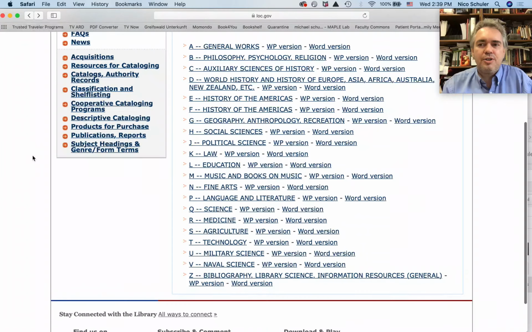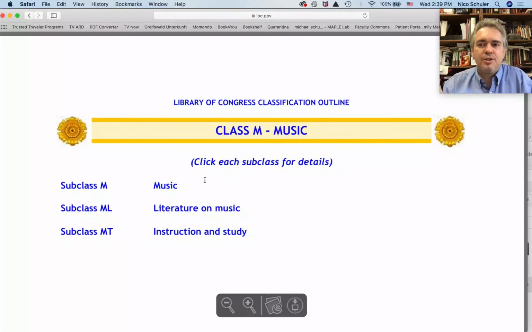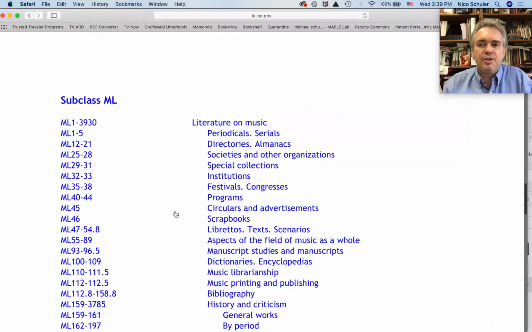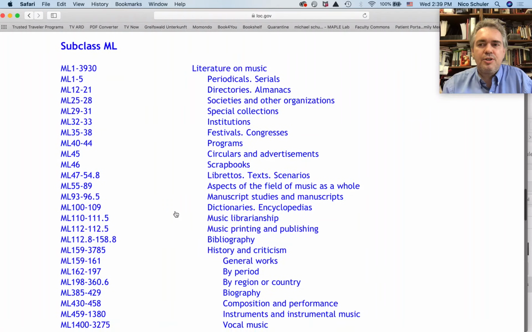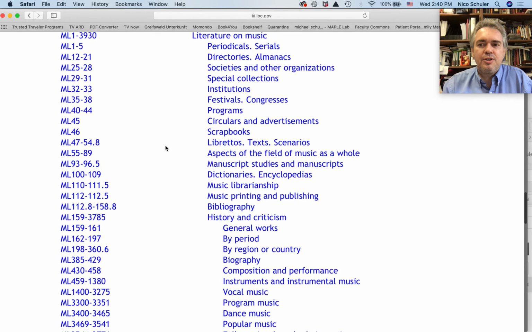Now if we go to ML, that is literature on music. So this is primarily secondary sources, secondary literature on music. At first there are some serial publications, those are periodicals and journals, then directories, societies, and so on.